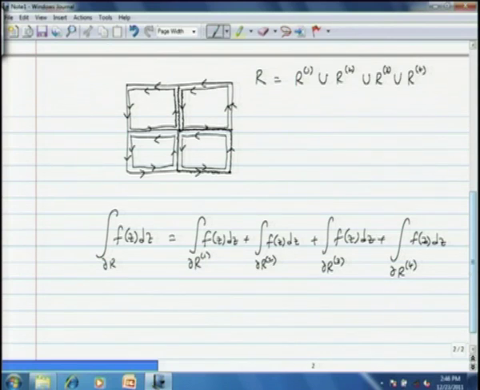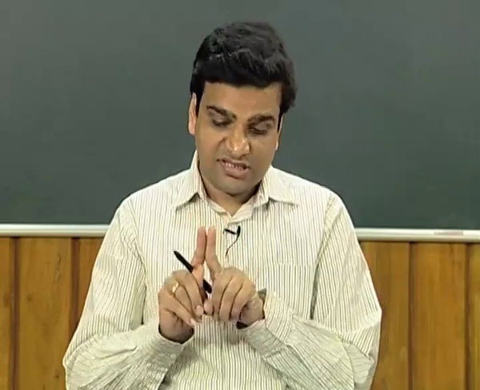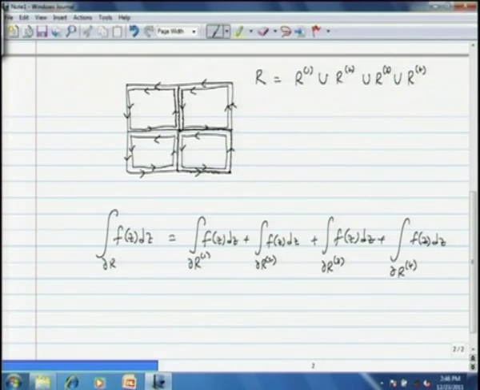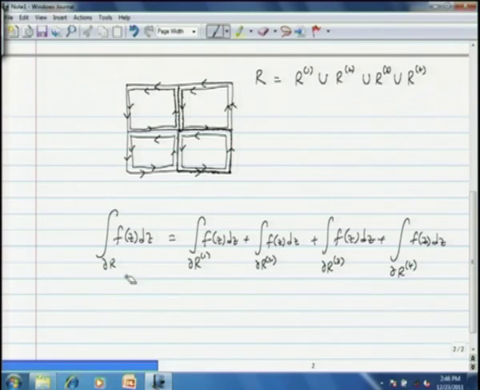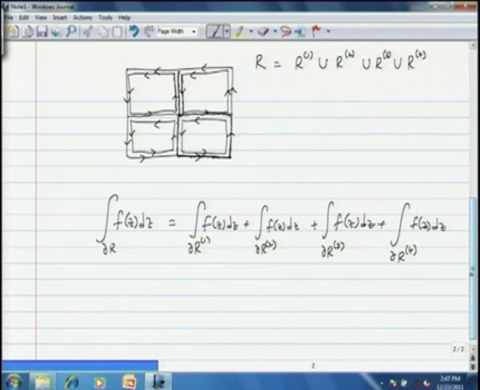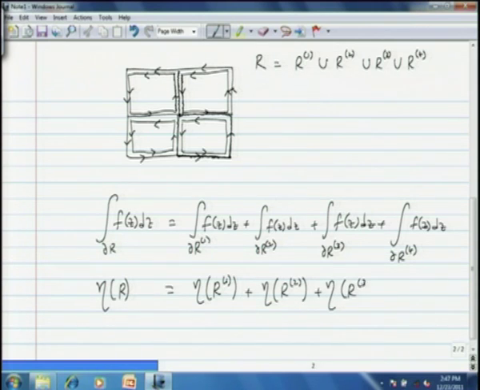And since the contour integrals on the insides cancel due to opposite directions, all we are left with is the contour integral along the boundary of R. So, it is easy to see why this equality is true from the above picture. And from our notation, eta of R is eta of R 1 plus eta of R 2 plus eta of R 3 plus eta of R 4.